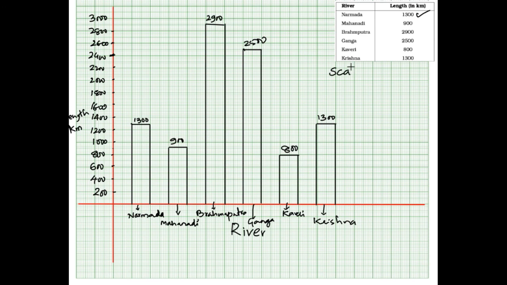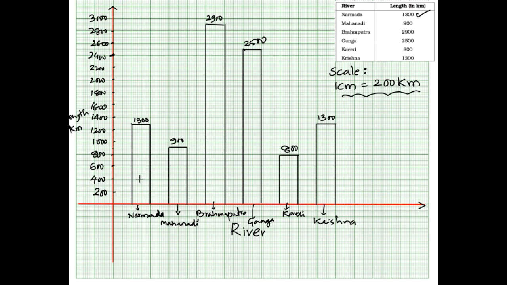Always very important to mention the scale. 1 centimeter or 1 unit is 200 kilometer. This is what we had considered. This is how we represent the bar graph. Very important thing you must notice, either you can do in a reverse order. The length can be considered on the horizontal line, and the name of the river can be done on vertical line.